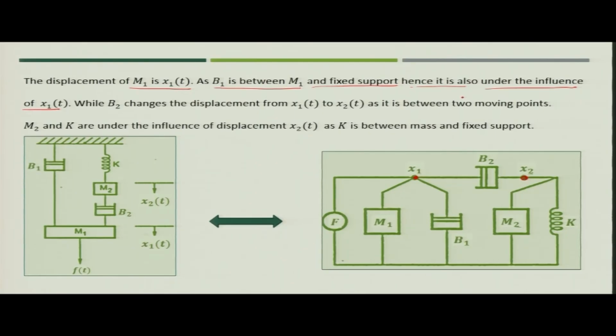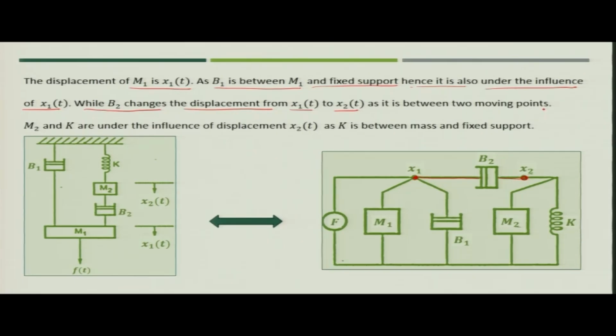Then M1 and B1 are the two elements under the influence of the x1 displacement. So, we will connect both of them in parallel. M1 is connected, B1 is connected, and all three elements are now connected to node x1. In case of x2, B2 changes the displacement from x1 to x2, so we connect B2 between x1 and x2.